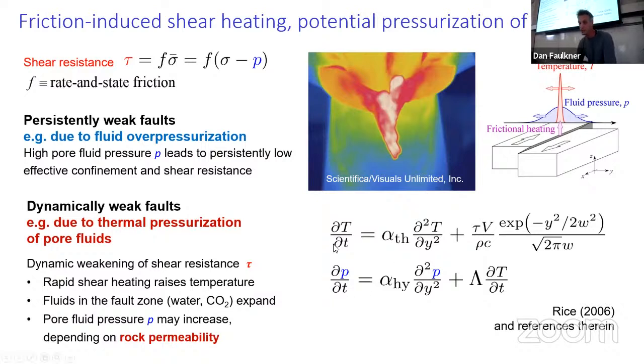So there's a couple of equations here. One just shows the temperature evolution with time as we heat things up. And the second equation here tells you how the pressure evolves with time as well. As we increase the fluid pressure in our fault, this kind of pushes the plates apart a bit, if you want, and reduces the amount of shear stress that we need to be able to slip our fault. Okay.